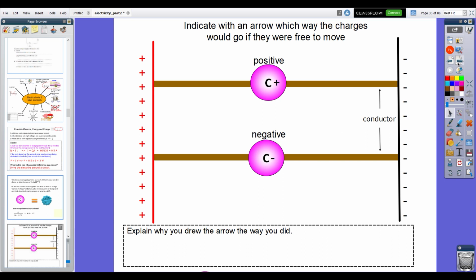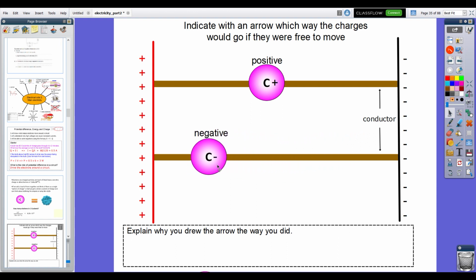Okay, let's try and explain really now what we mean by potential difference. I'm going to start this by doing what we call a little thought experiment. Imagine you've got a ball of positive charge here, and you've got a ball of negative charge, and they are free to move along this conductor.